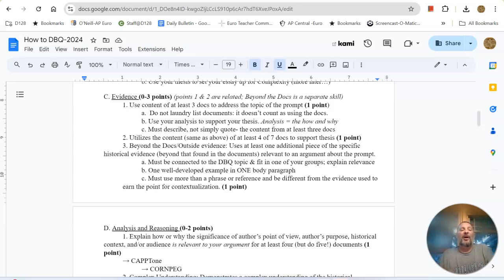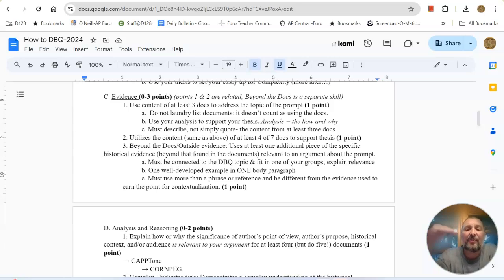The second part of the evidence point is beyond the docs, okay? Beyond the docs is separate from the evidence. Beyond the docs is you are using at least 1 additional piece of specific historical evidence beyond that found in the docs, hence the beyond the docs, relevant to an argument about the prompt. So it must be connected to the DBQ and fit in one of your groups.